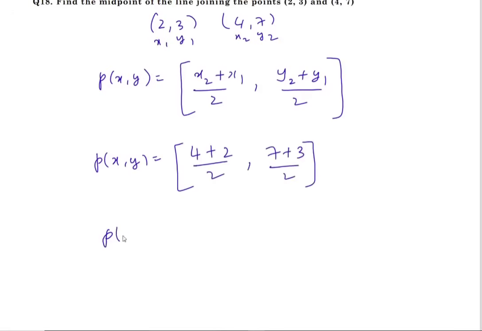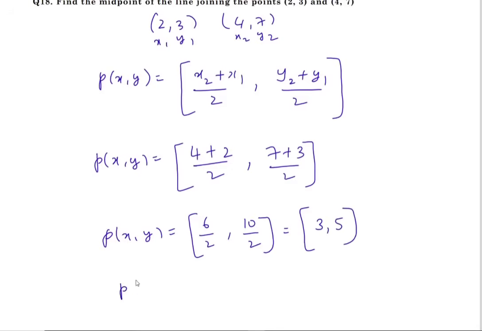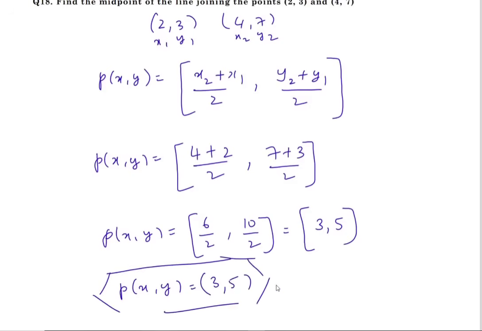P of x comma y equals 4 plus 2 is 6 by 2 comma 10 by 2. 6 by 2 is 3, 10 by 2 is 5. So P of x comma y equals 3 comma 5. This is the midpoint of the line joining the points.